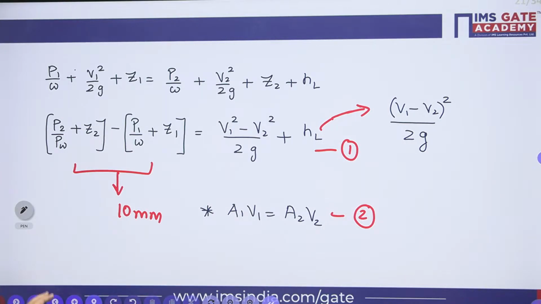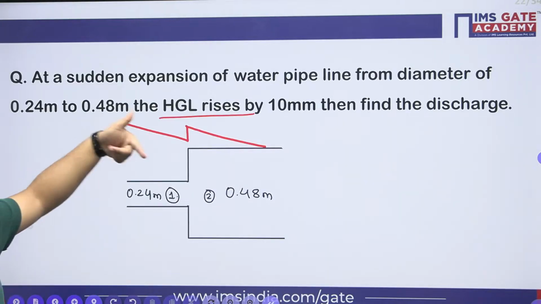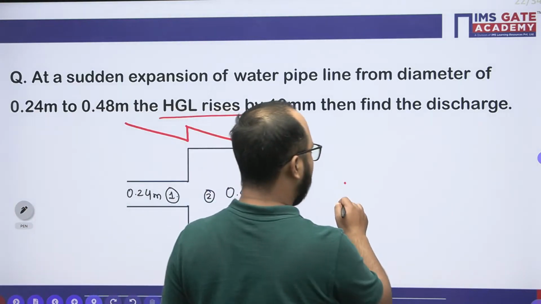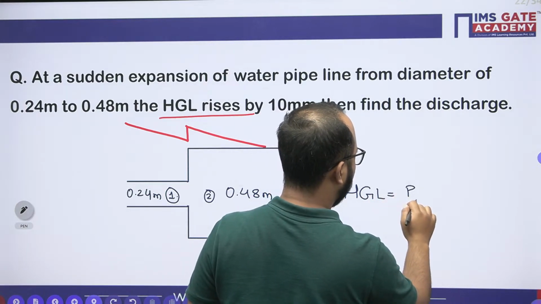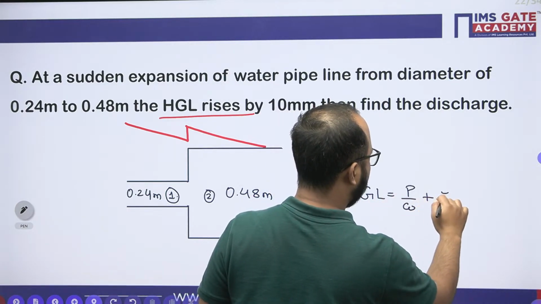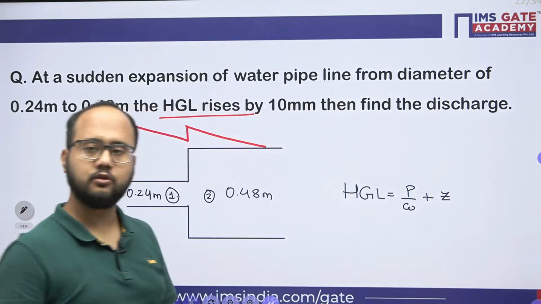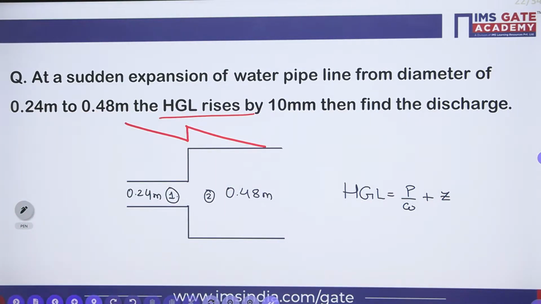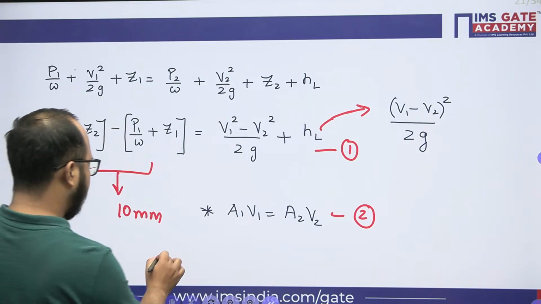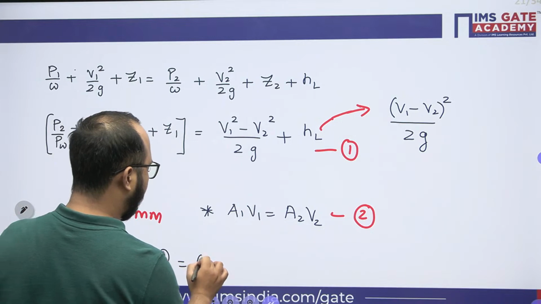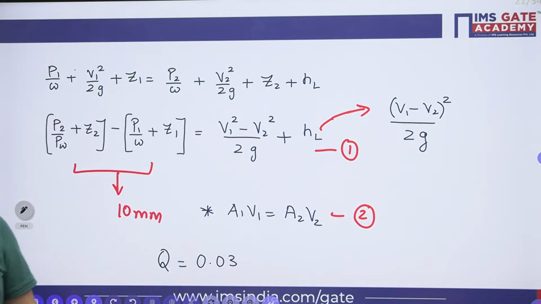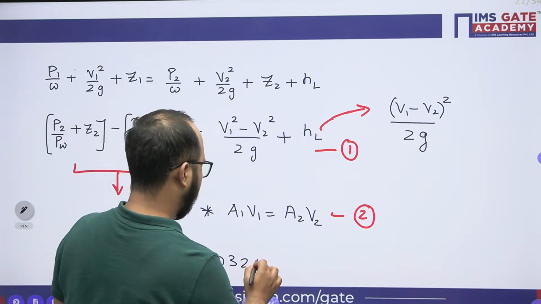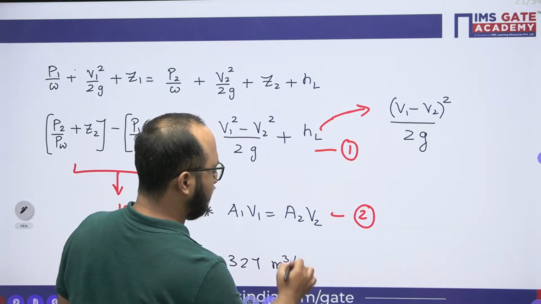You should also know what HGL means: pressure head plus datum head. Then only you will be able to calculate the answer. If you solve this one, finally the discharge will be approximately 0.0327 meter cube per second. You can check your answer also.